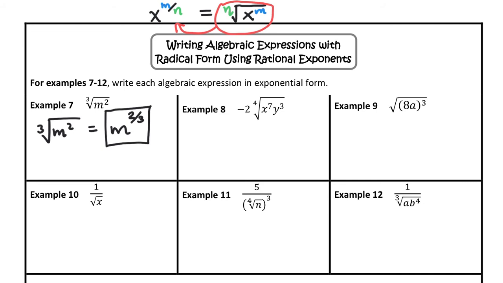Okay, let's look at the next one. Here what we want to notice is that the negative 2 is not the number in front. The number in front of the root is 4. And inside here we have multiple variables with different exponents. So we can separate them, but let's rewrite it and see what happens. I'm just going to write it again.